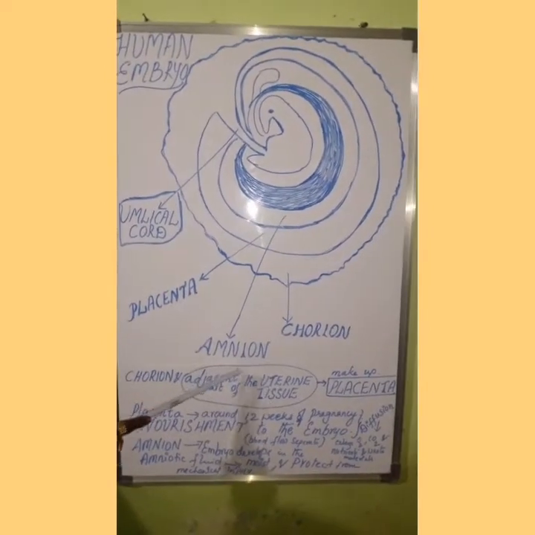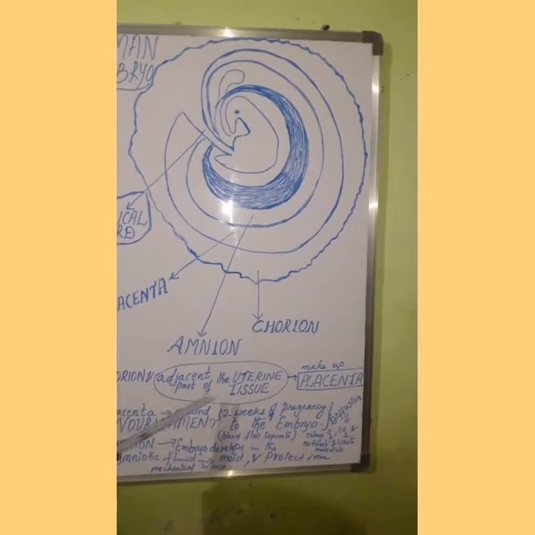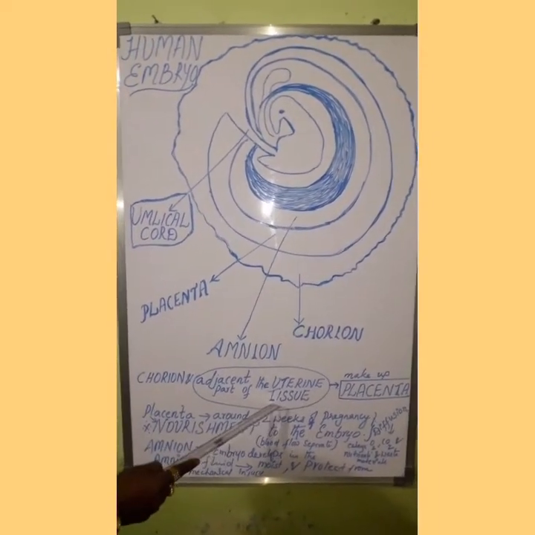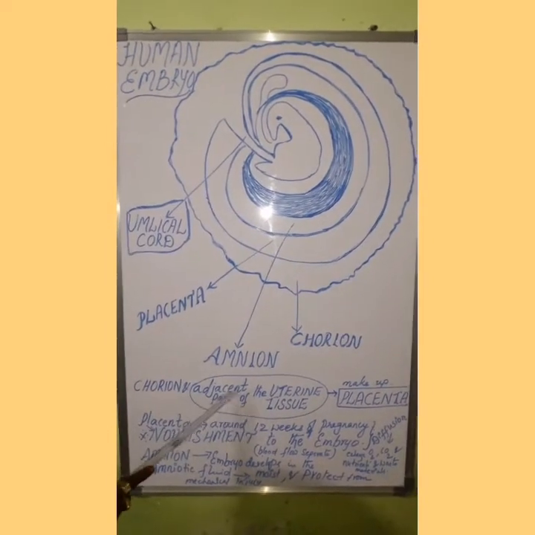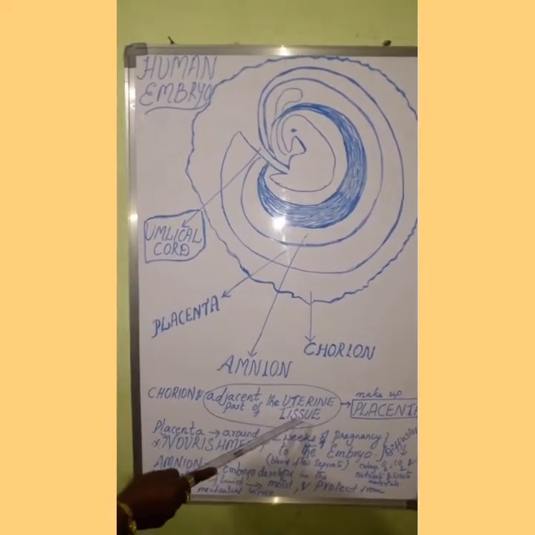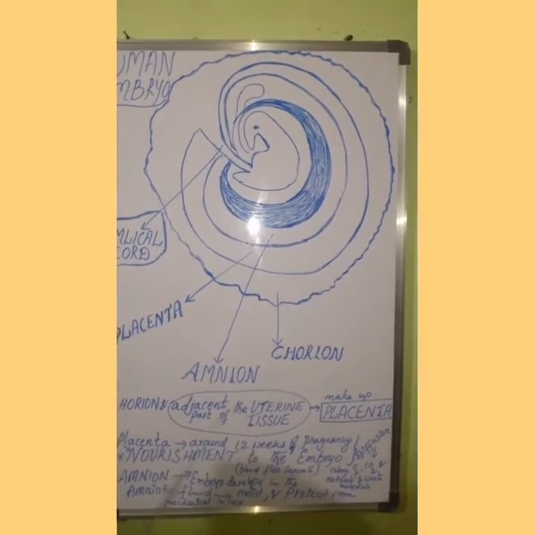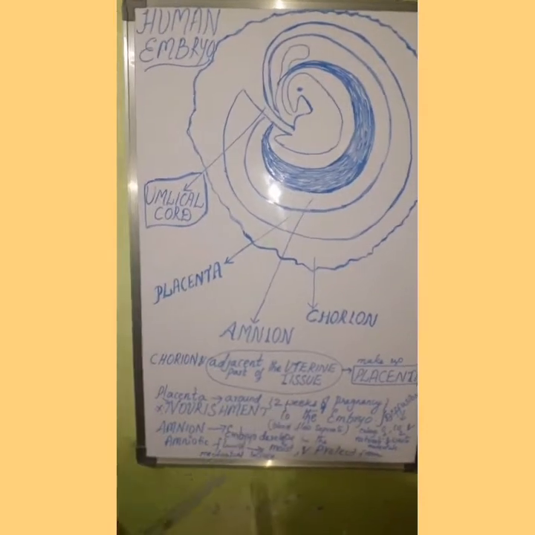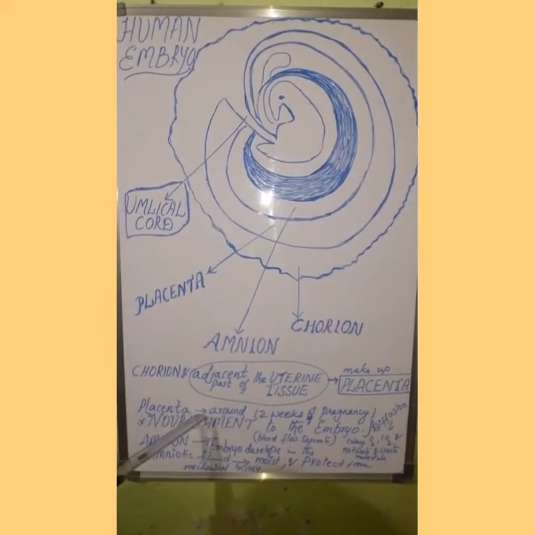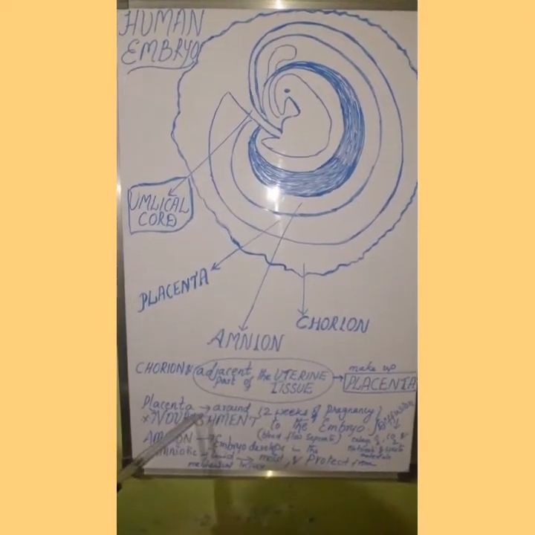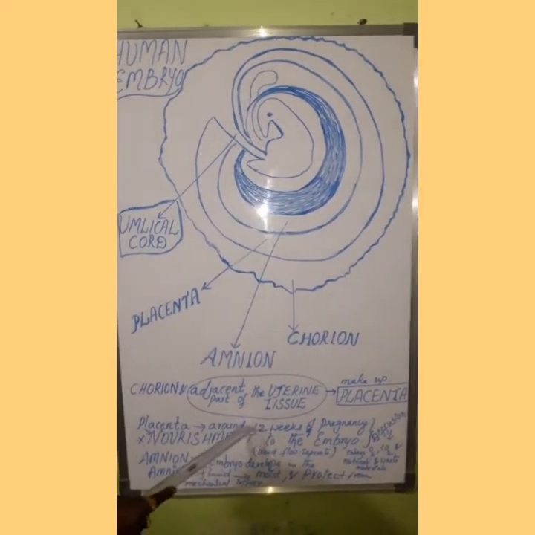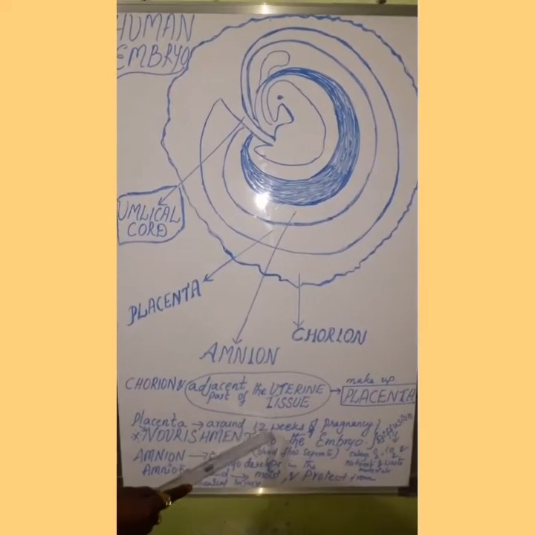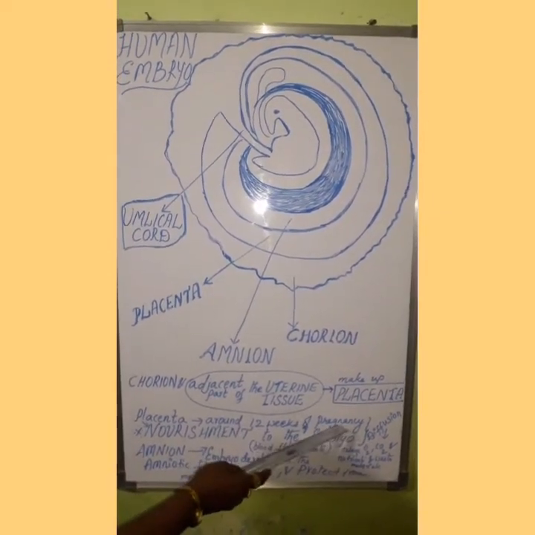So it is very clear that the chorion with the adjacent part of the uterine tissues makes up the placenta. The placenta is a membranous structure formed after 12 weeks of pregnancy.